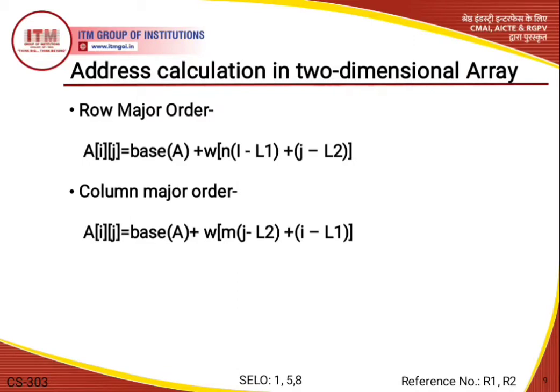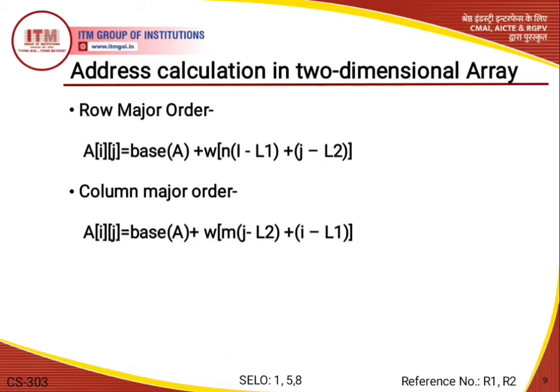Here in this address calculation strategy, again we will calculate it in the form of row major order and column major order. When we talk about the row major order, the syntax is in the form of A[i][j], where i represents the row and j represents the column, and then it is calculated as base A plus W times n(i minus L1) plus (j minus L2).